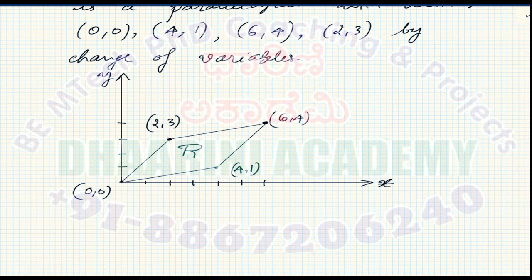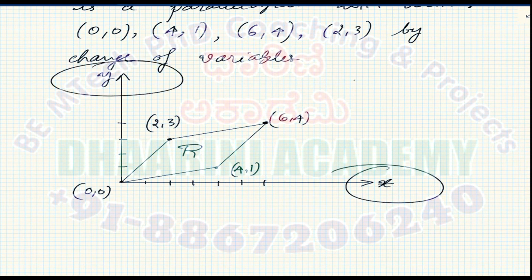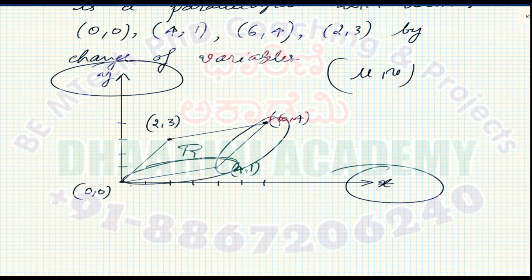Because I need to change the x and y to new variables such as u comma v, then these boundaries will change, right? The 4 boundaries defining this region will definitely change. They are supposed to be written in terms of u and v instead of x comma y.